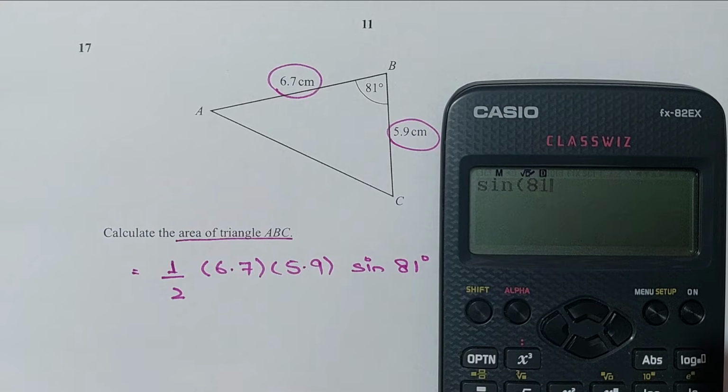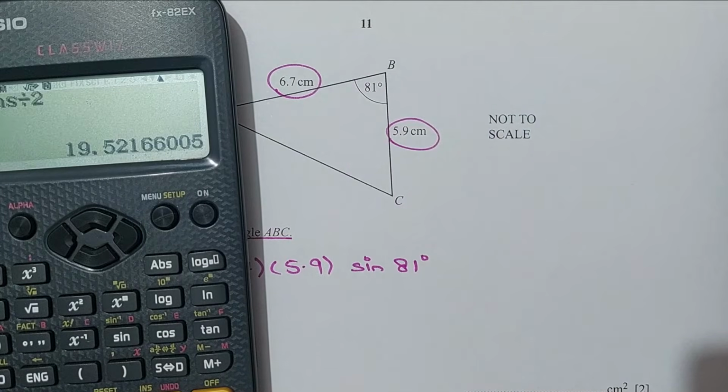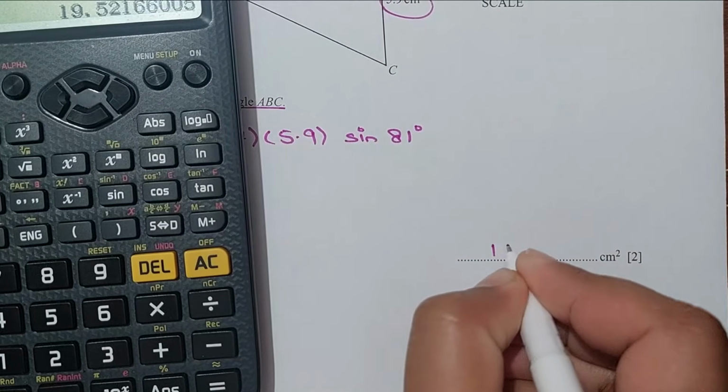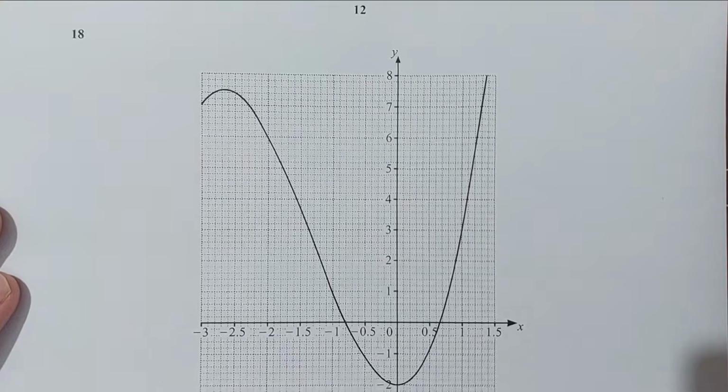Sine 81 degrees times 5.9 times 6.7 divided by 2 is 19.5 centimeter square.